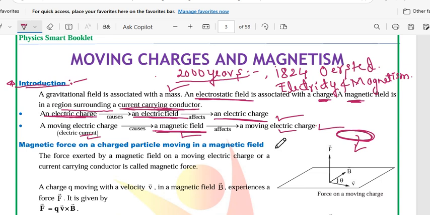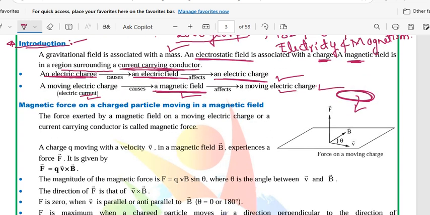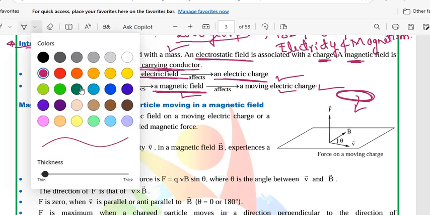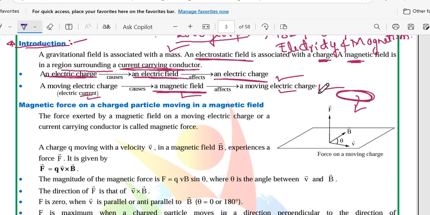Now coming to the concept. Magnetic force on a charged particle moving in a magnetic field.